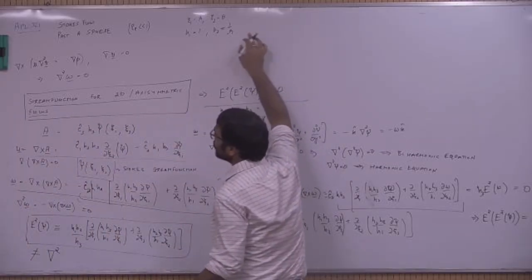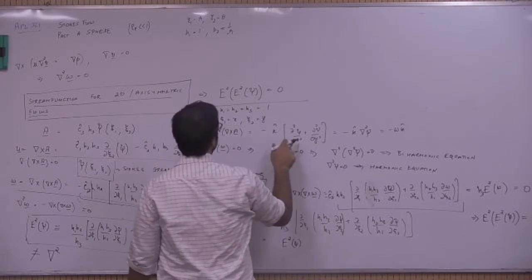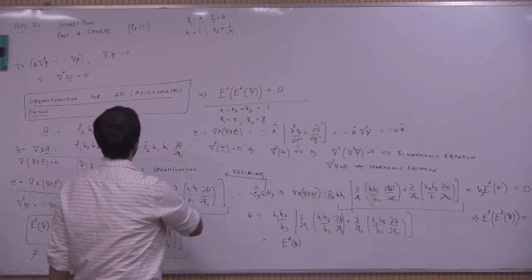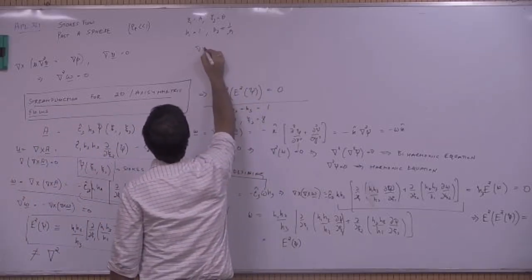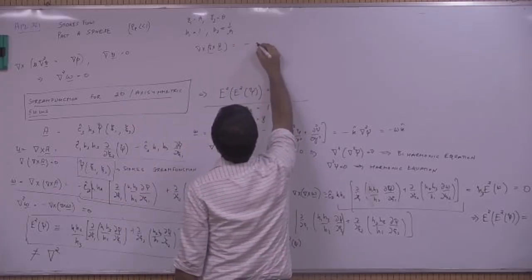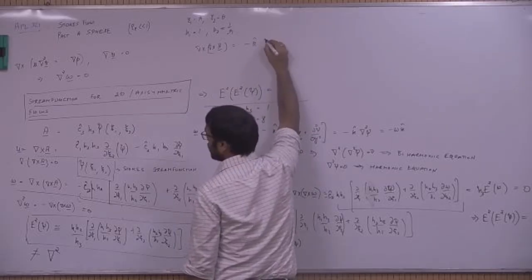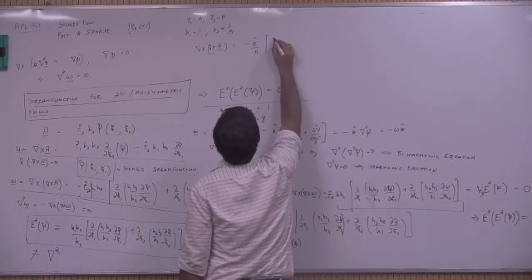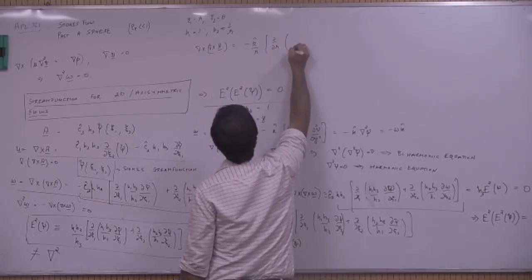So, when you substitute that in del cross A, H1 is 1, so it will be minus k cap again. H2 is 1 by r, minus k cap by r, del by del r.